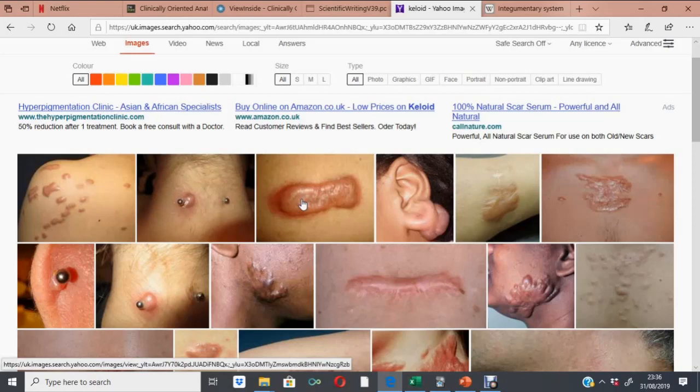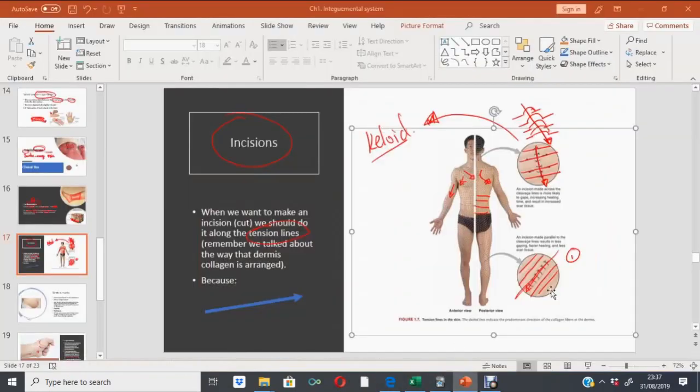Okay, here you've got another keloid, more keloids. So cutting in the wrong direction to the tension line is not the only reason for a keloid to form. There are other ones like genetics, or they're more common in African Americans, but that is essentially what a keloid is. Okay.